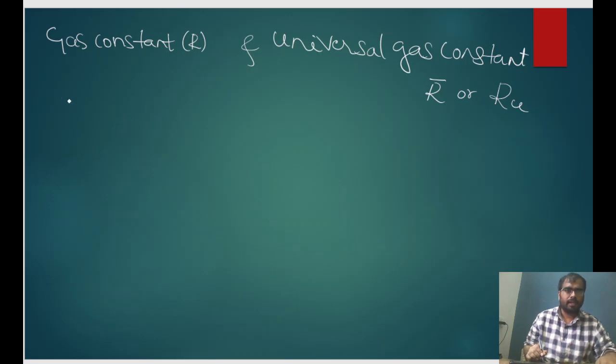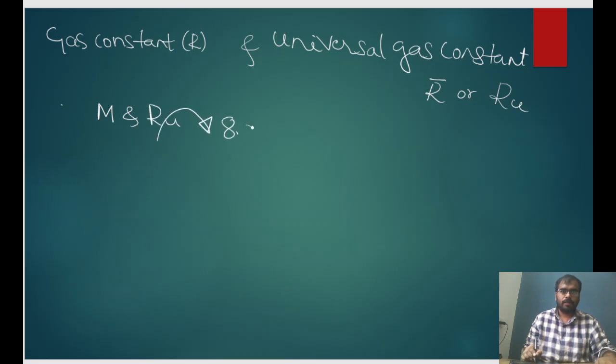What is the gas constant? In many problems you will use this gas constant. Sometimes they will give the molar mass, and you already know the universal gas constant. This is a constant value, 8.314, but the value of R is different for different gases.